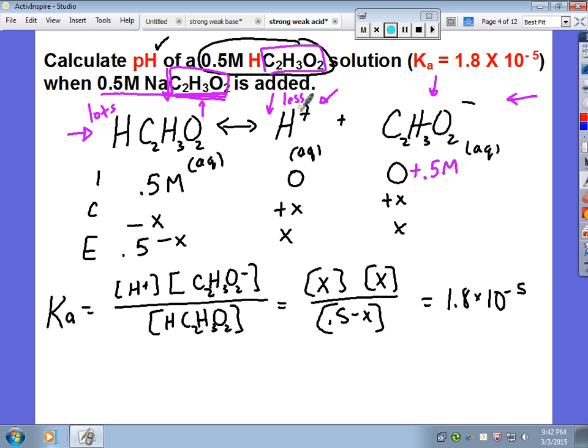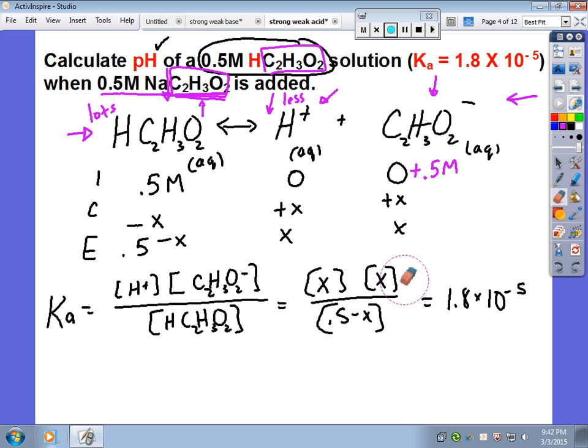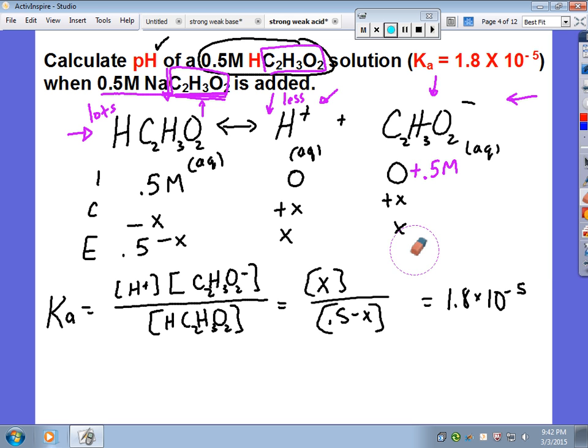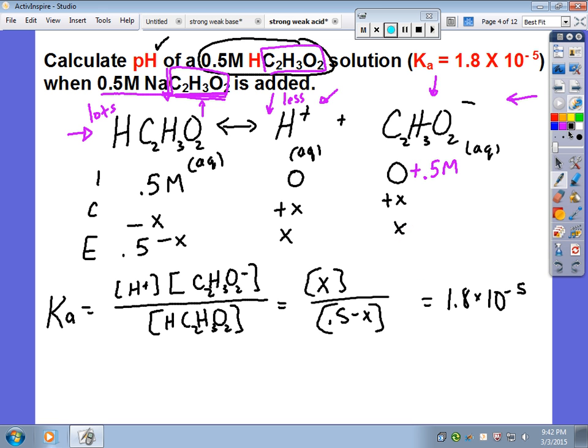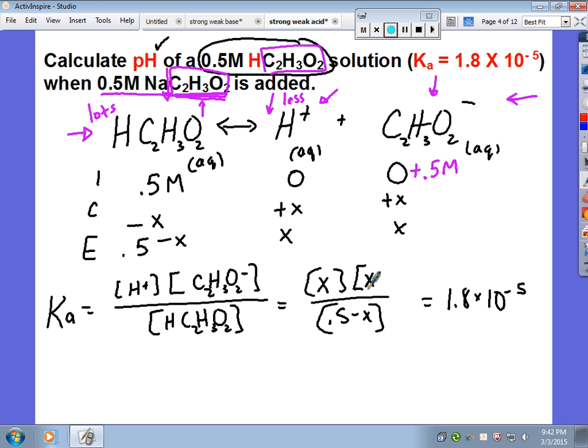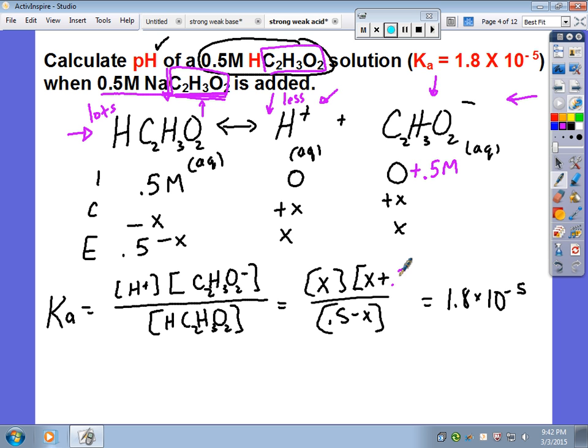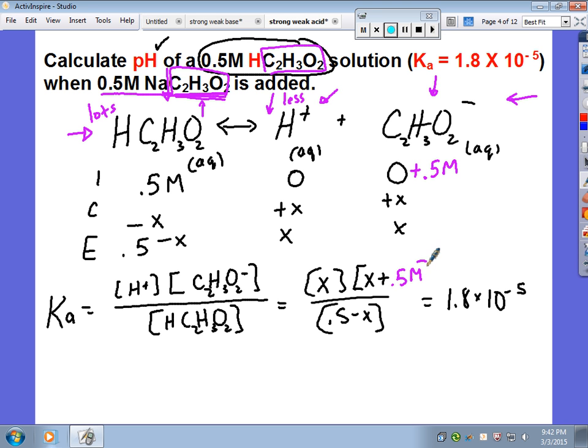So what I need to do is amend what I wrote down here. I need to actually change this, and I need to put my x here from where? From my acetic acid. Plus, I need to go ahead and put 0.5 molar from where? From my sodium acetate. What do you say here? Ignore because small. Why?